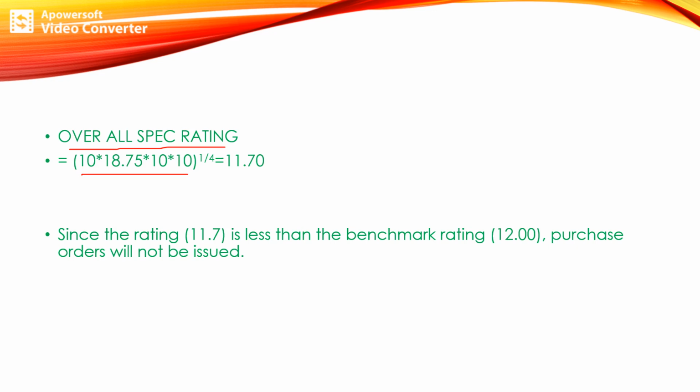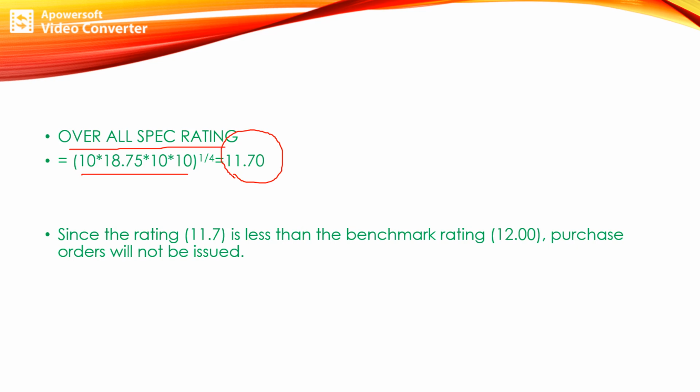So that means 10 into 18.75 into 10 into 10, to the power 1 by 4, and we get the value as 11.70. So we got the overall SPEC rating as 11.70.